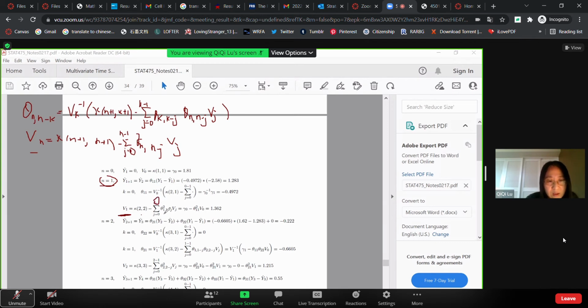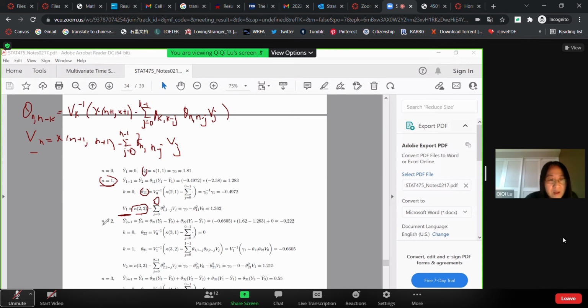And we have only one term here. The first one is gamma 2, 2, where the time difference is 0, that's gamma 0. Minus, with j equals 0 to 0, so 1 minus 0 is 1, so theta 1, 1 squared times V0. We already got theta 1, 1 and V0, so just plug in.